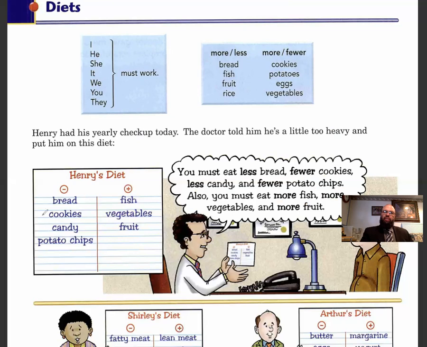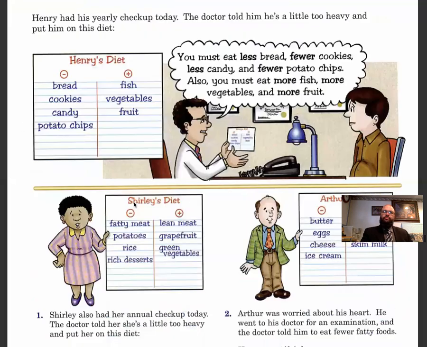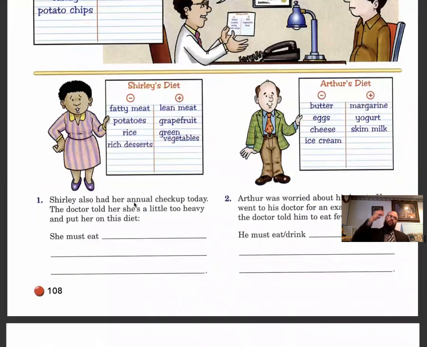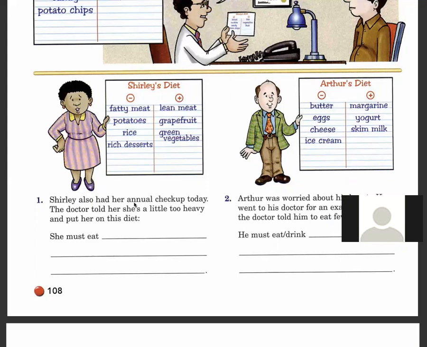So let's see what the doctor told the people in this example. Juliana, you want to try it? And maybe Daniela, you could try number 2. Okay. Shirley also had her annual checkup today.